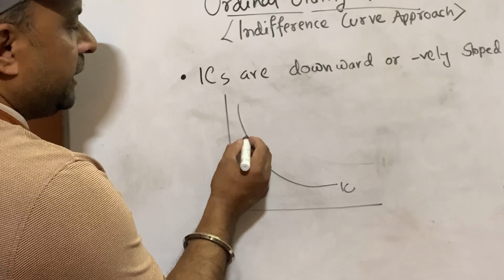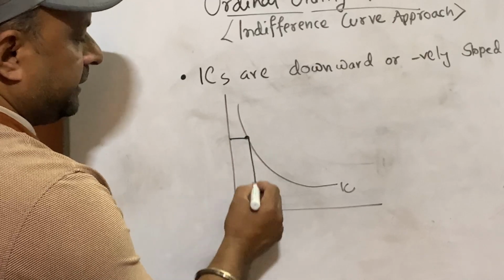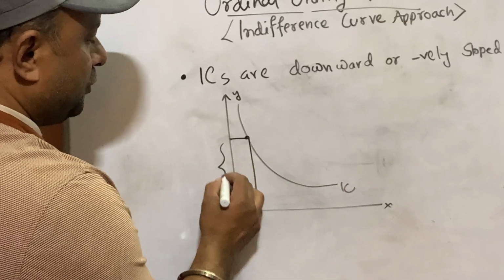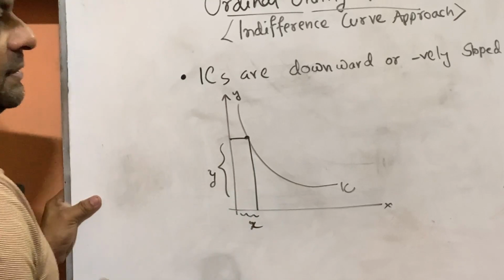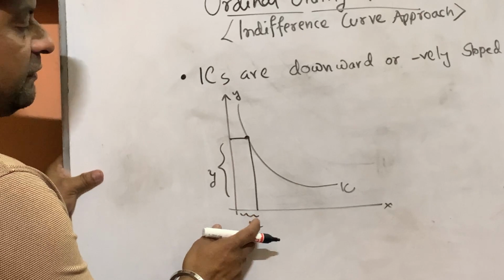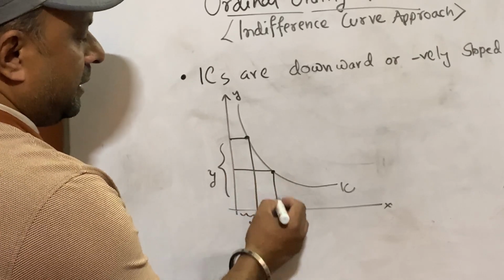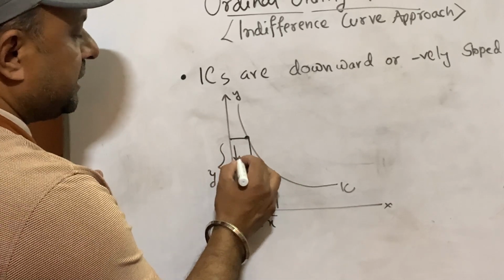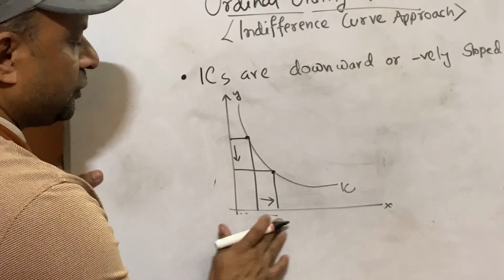So if we want to increase the satisfaction on one good, suppose earlier the consumer was at that point, he can consume this much amount of Y and this much quantity of good X. Now if we want to increase the consumption of X, suppose he is reaching here, then he has to reduce the consumption of Y. Means there is an opposite relation between the satisfaction of both goods.